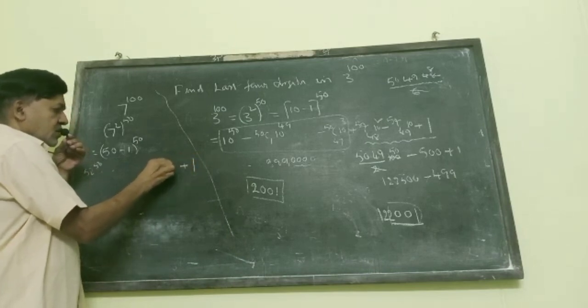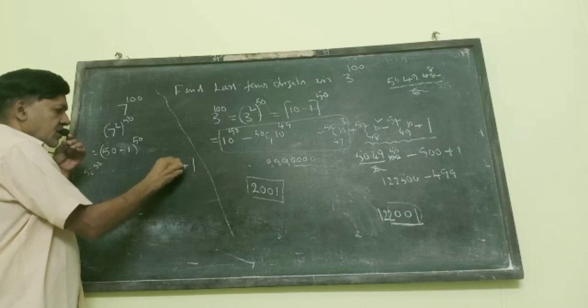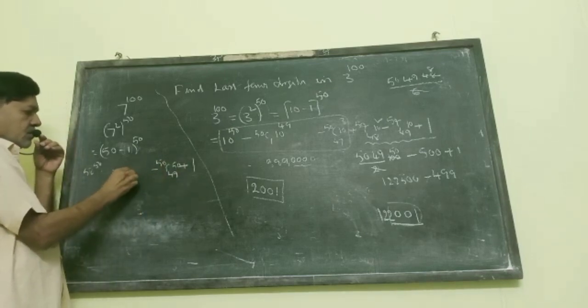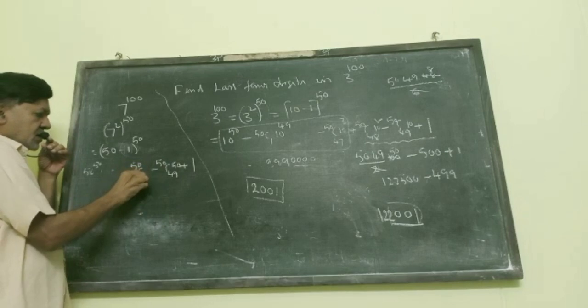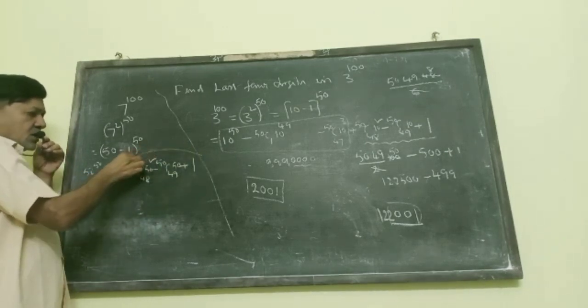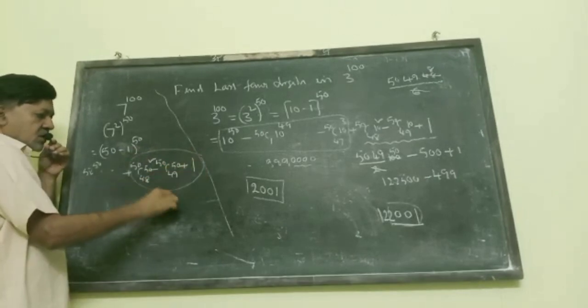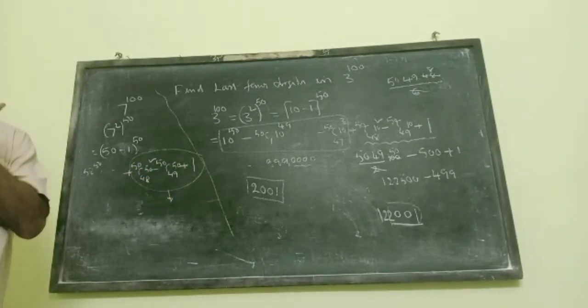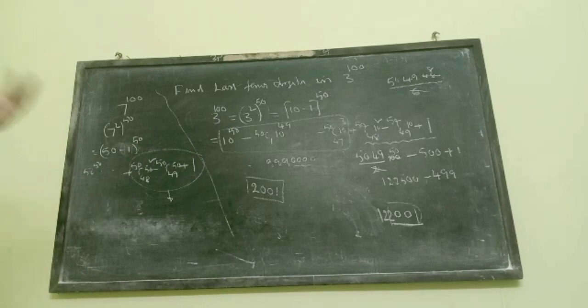Minus 50C49 into 50 plus 50C48 into 50 square. You concentrate on this. This will give you the last 4 digits. I hope you can simplify it. 50 square you know how to calculate, 50C48 is 50C2. So you can simplify that and arrive at the last 4 digits of the number 7 to the power of 100.